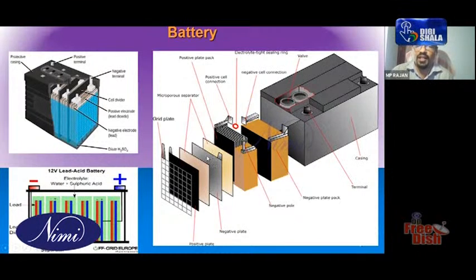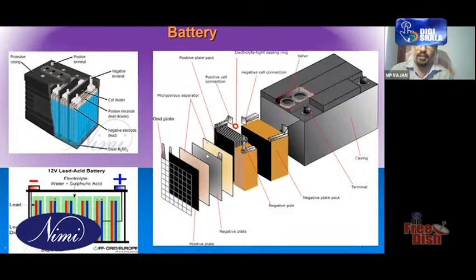So this is the negative plate, and this is the microporous separator made of plastic or thin glass, even paper, cardboard, etc., depending upon the brand of battery. The purpose of the microporous separator is to separate the positive plate and negative plate.